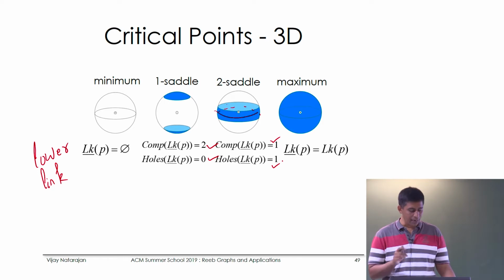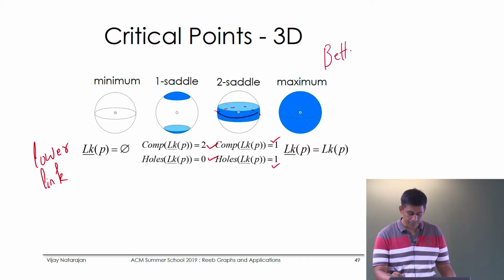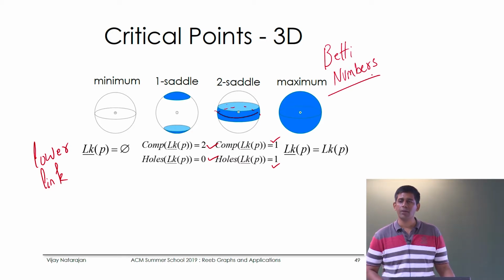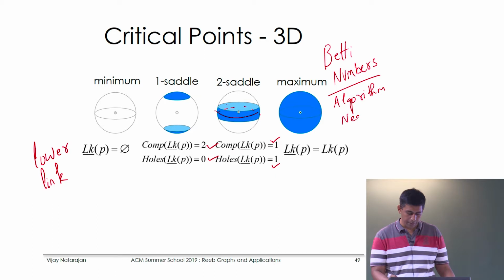It turns out that you can actually compute these guys. There are algorithms. So, these are called Betti numbers, like I told you earlier. There is a nice algorithm to compute Betti numbers. So, it's almost near linear time.